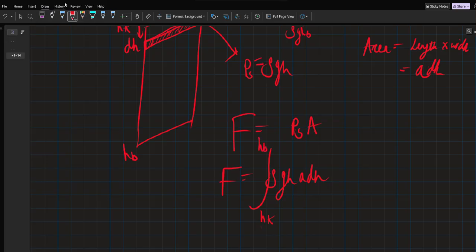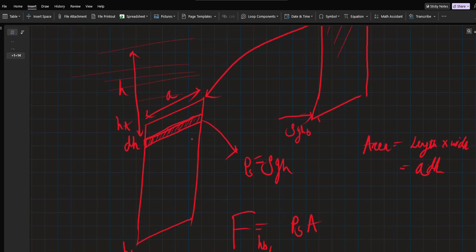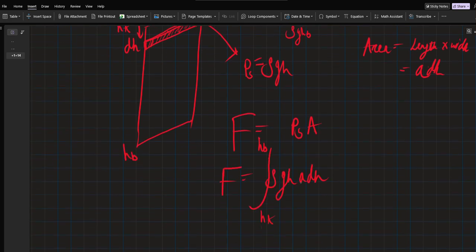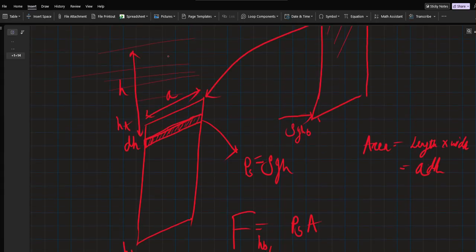So if you think logically, we're doing nothing but just adding the force on these small strips, means that there could be many small strips, right? Because a lot of space in between these. So just adding the forces on these small strips from the top to the bottom, right?